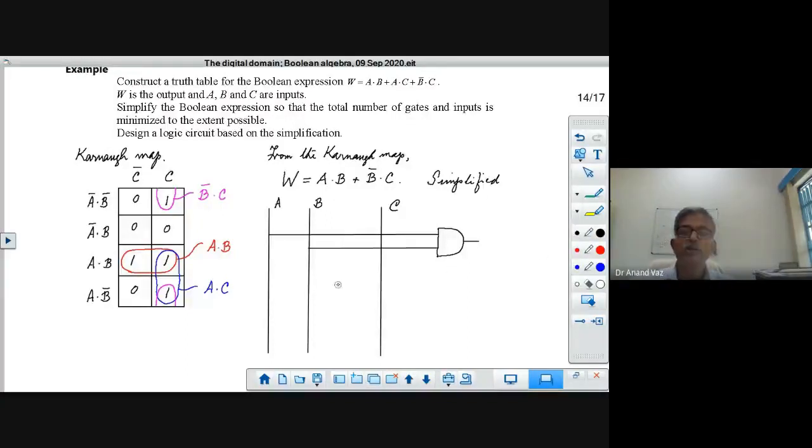We'll have to have a NOT gate. So we'll place a NOT gate here.